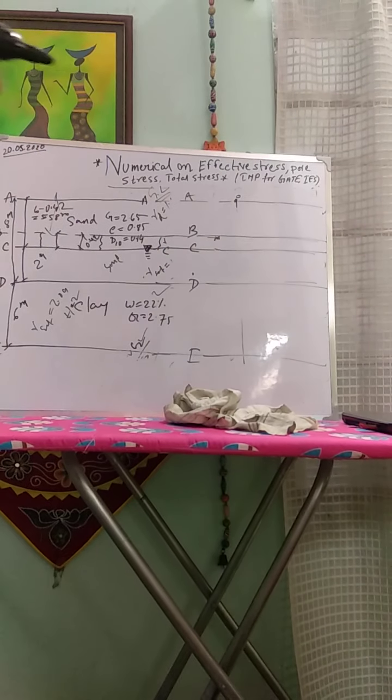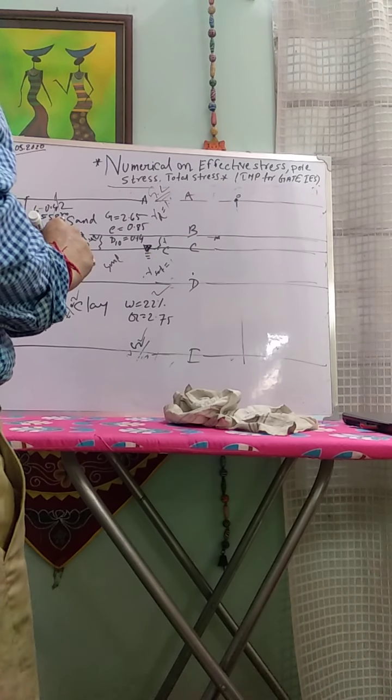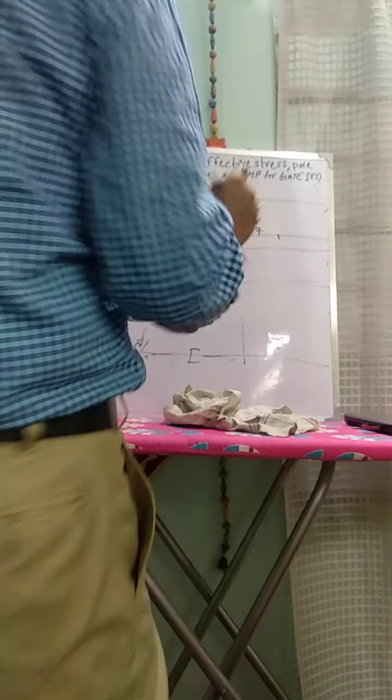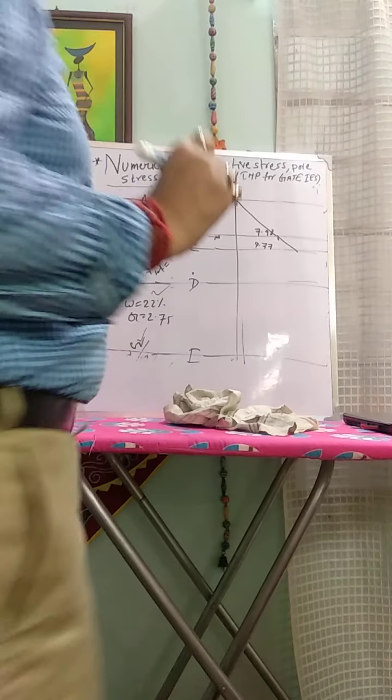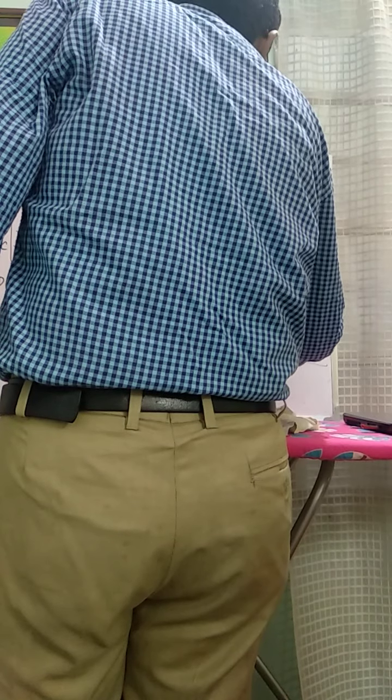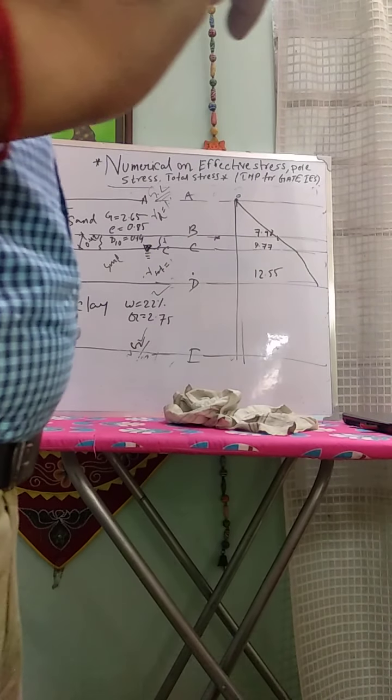Now total stress at A is 0, at B it is 7.98, at C it is 8.77, at D it is 12.55, and at E it is 25.09.